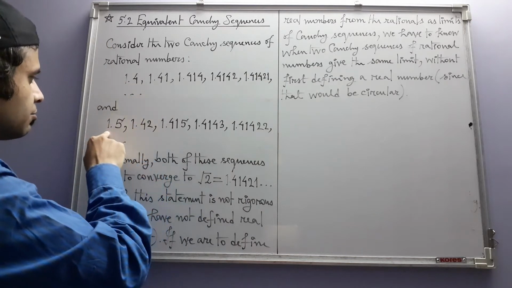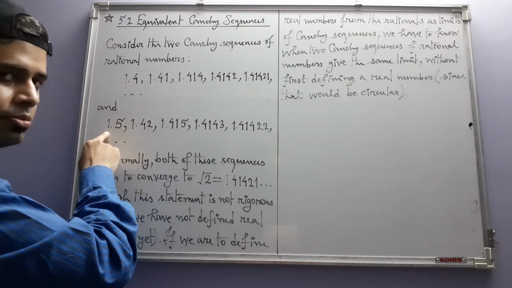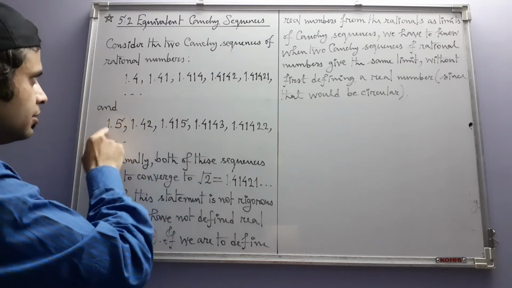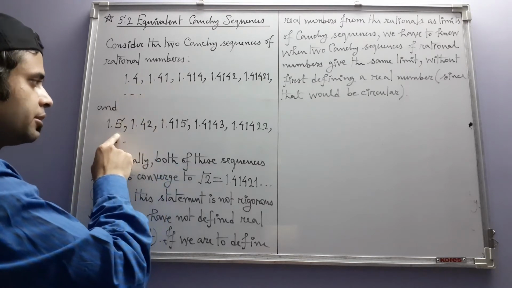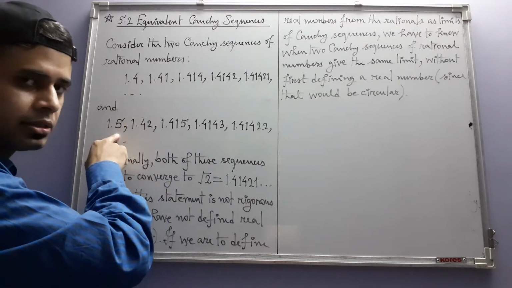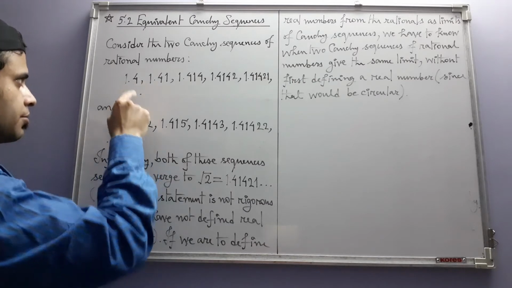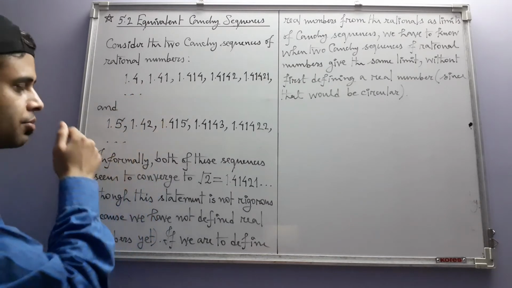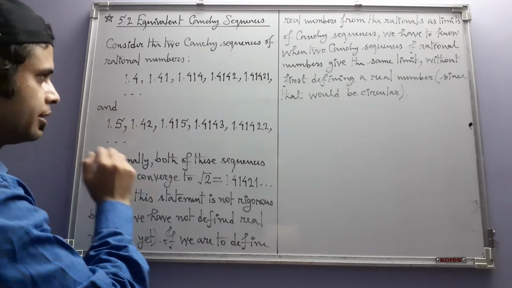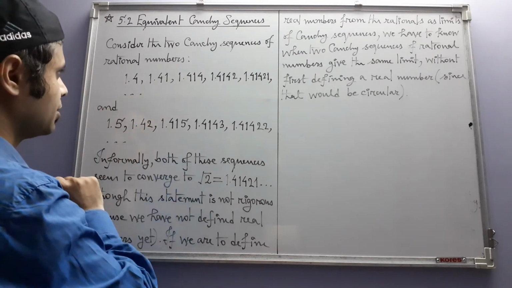Here only the first digit before the decimal point matches, which is 1. After the decimal point, both the digits in the tens place, meaning 10 to the power minus 1, the coefficient of that in the decimal expansion, they are different.